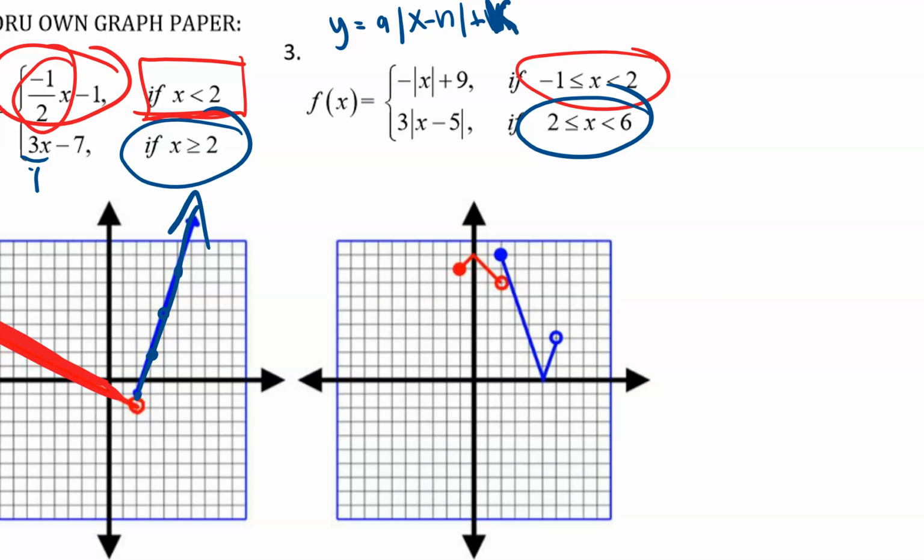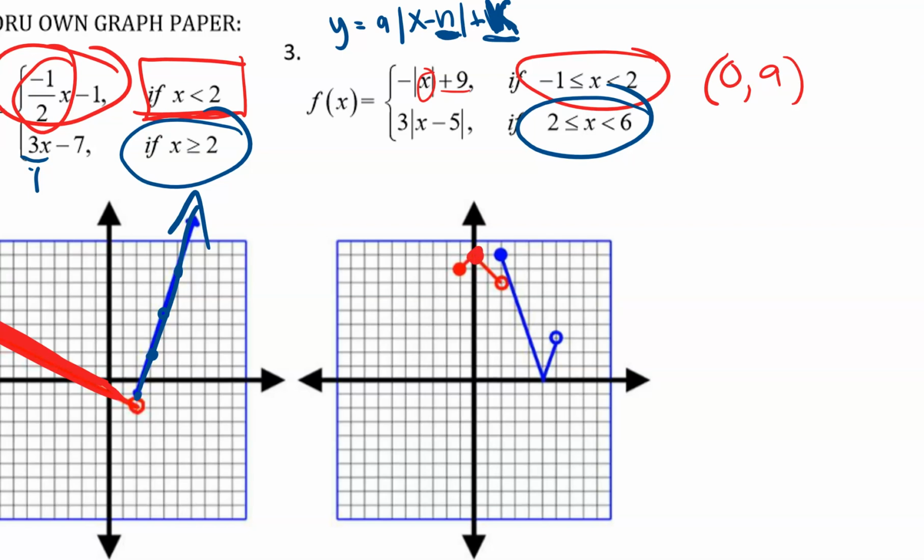All right, to find the vertex, you always do HK, or opposite of whatever number is being added inside the parentheses, same as whatever number is added on the end. So that means opposite of whatever number is being added in here, there's nothing that's being added in there. So that's just 0, 9 is the vertex. So we plot the point 0, 9.